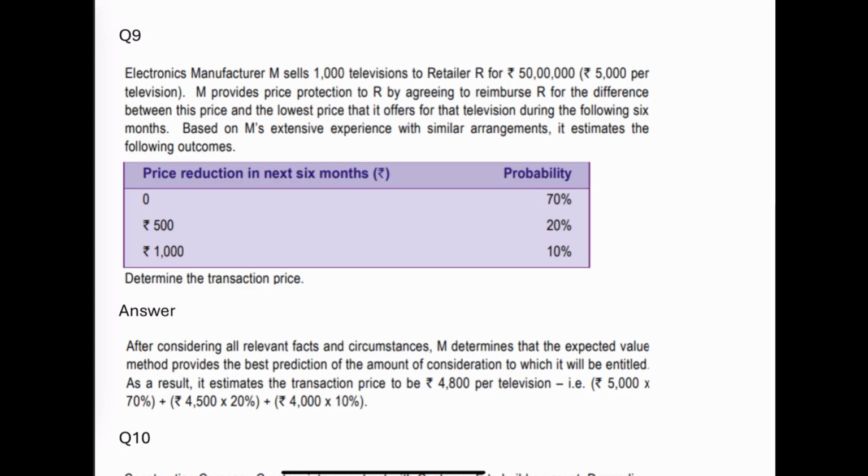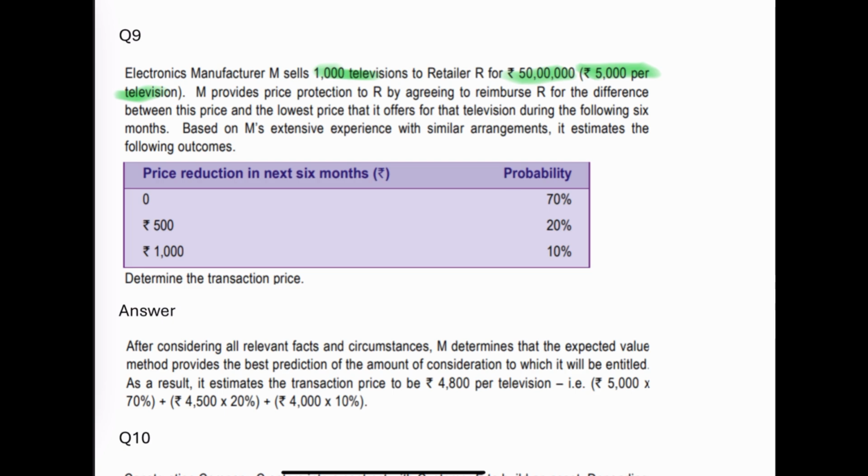Here, electronic manufacturer M sells 1,000 televisions to a retailer R for rupees 50 lakh, which is 5,000 per television. And M provides price protection to R by agreeing to reimburse R for the difference between the price and the lowest price that it offers for the television during the following 6 months.